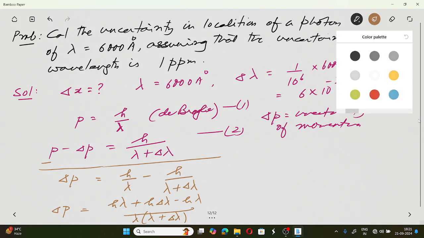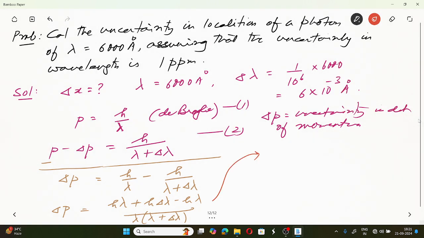So from here we can write that delta P equals h delta lambda divided by lambda square, nearly equals, because delta lambda is very small, we can neglect it.